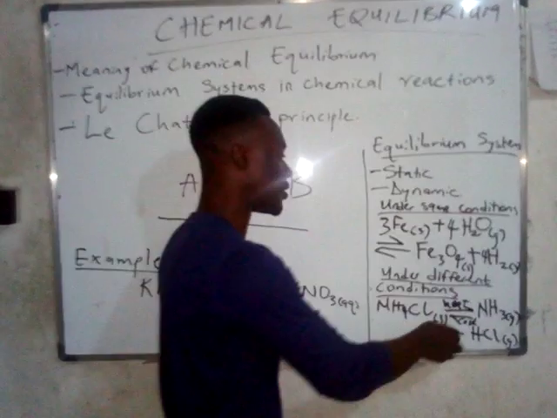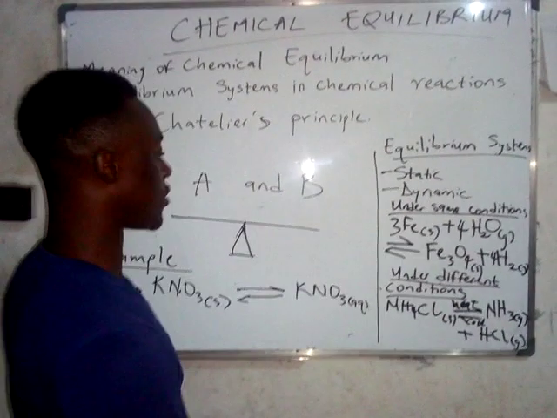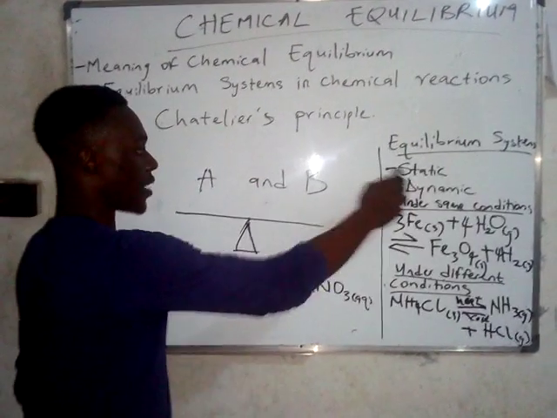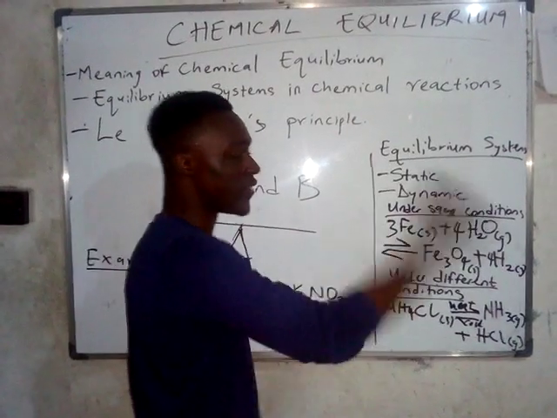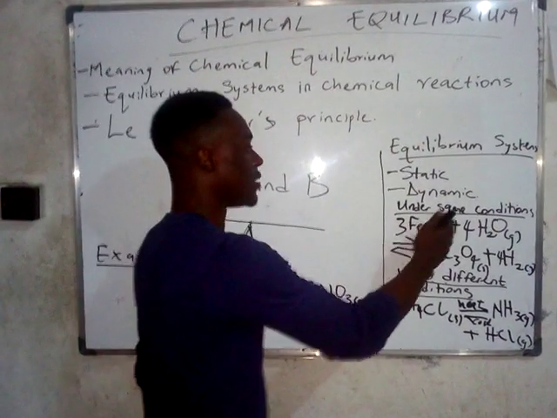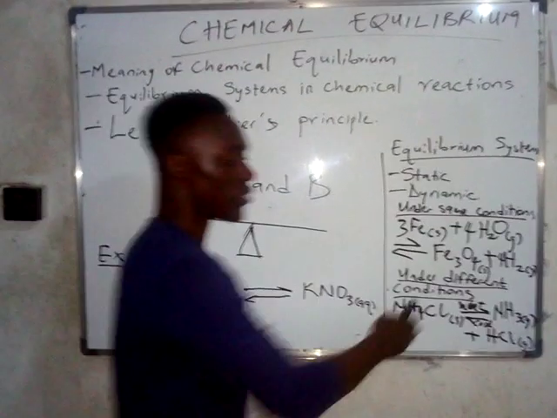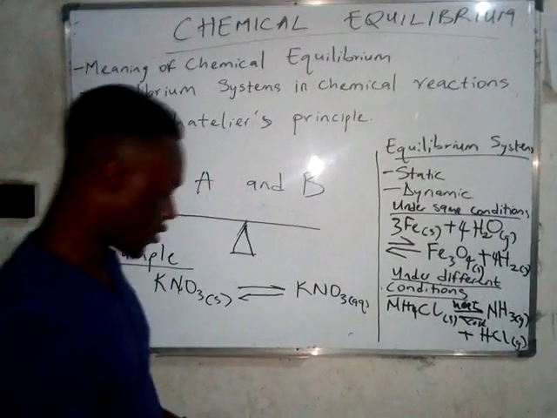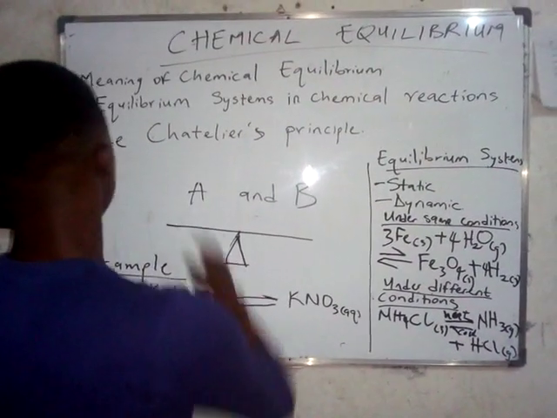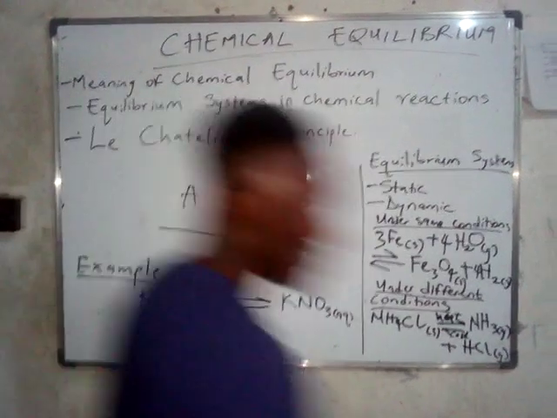It has to be carried out under relatively cold temperatures. So you can see that dynamic equilibrium, or even equilibrium in general, can take place under the same conditions and also under different conditions. Now the next thing we'll look at is Le Chatelier's principle.